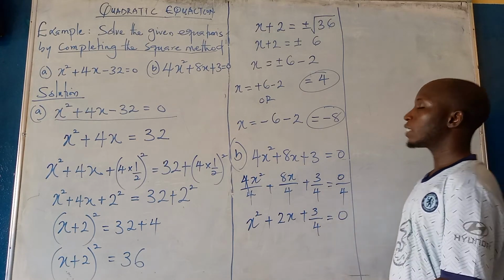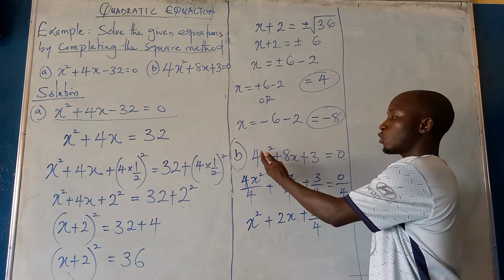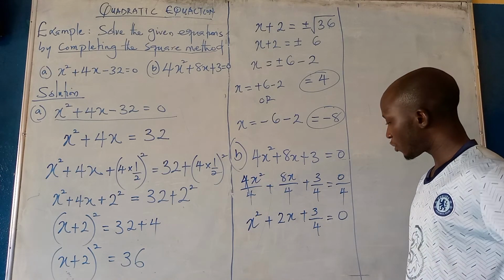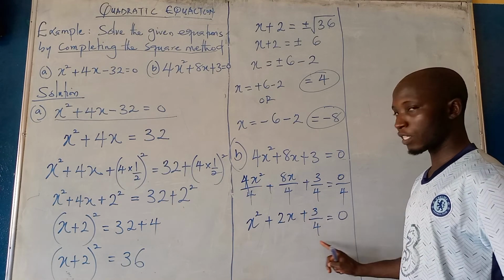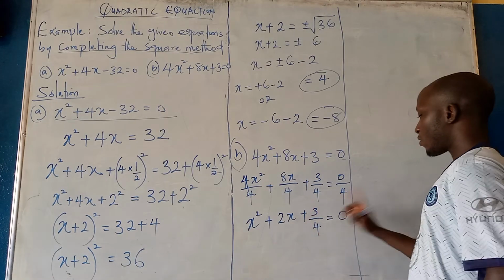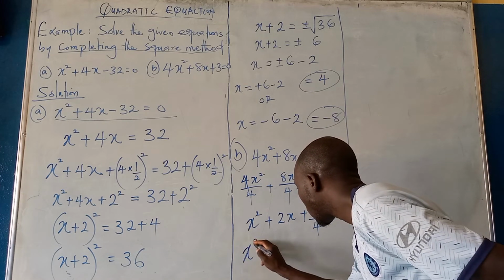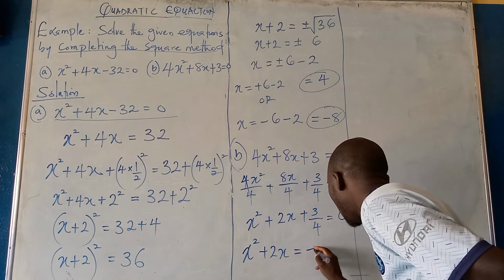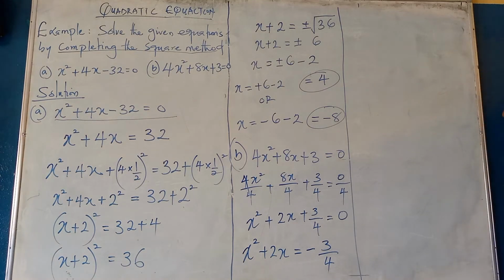We've satisfied the condition that the coefficient of x squared must be unity. Now the second step is to take the constant out to the other side. Here we have x squared plus 2x equals minus 3 over 4. That is the second step.